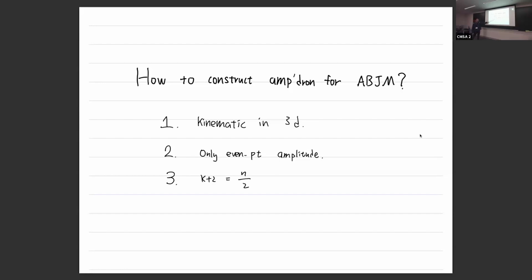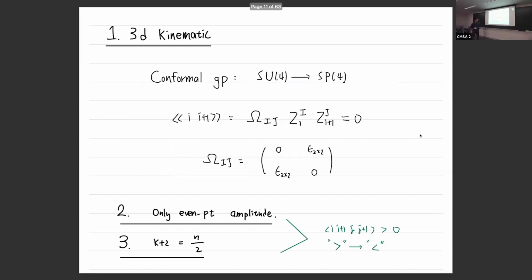Also, once n is determined, k is also fixed by k plus 2 equal to n over 2. These are the three conditions our geometry needs to reflect.